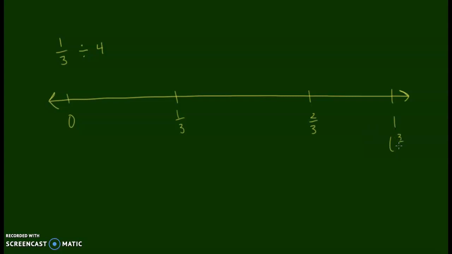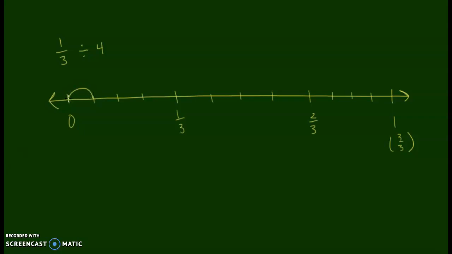Or also 3/3. So if we take 1/3 and divide it into 4, that means we have to make each third section into 4 equal sections. So we're going to look at this part here. After dividing, we get our one piece here out of how many?